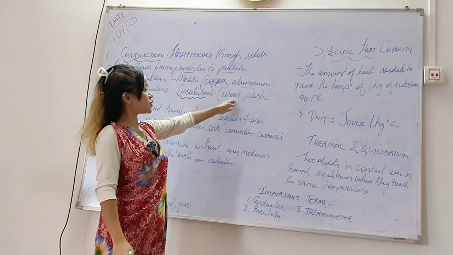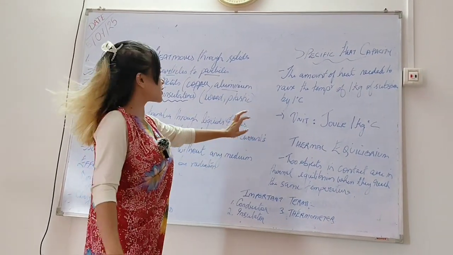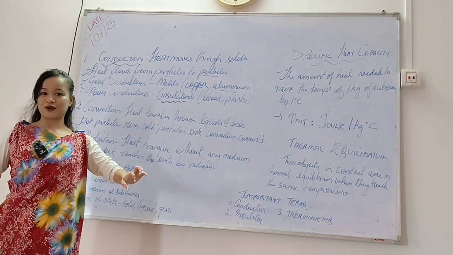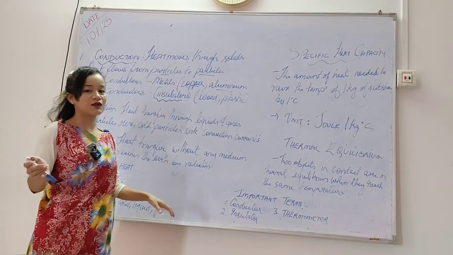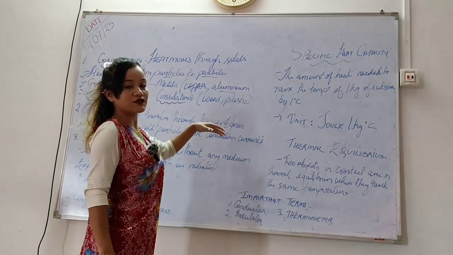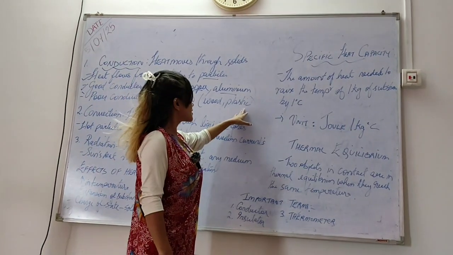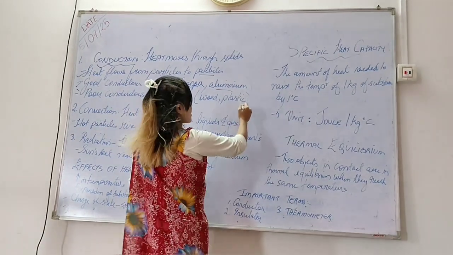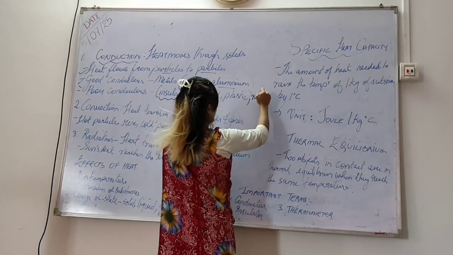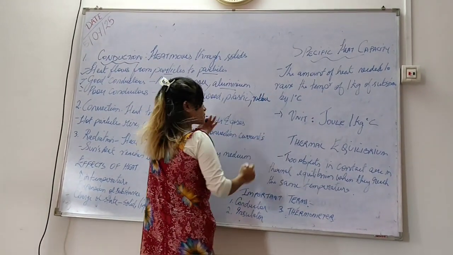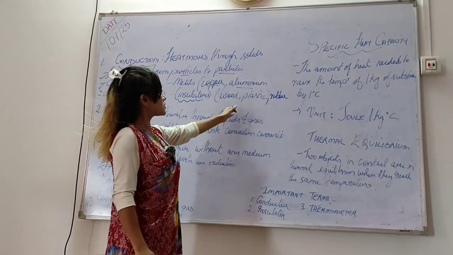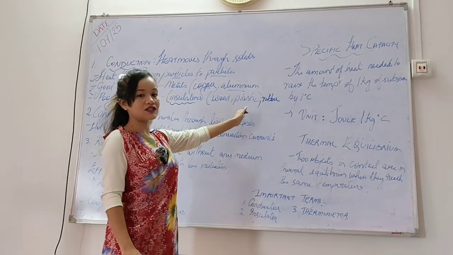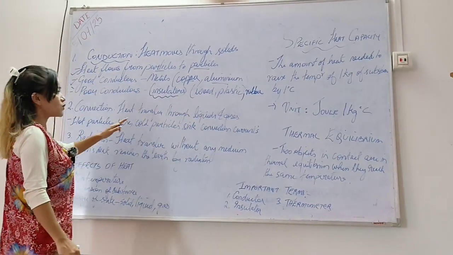We'll see wood. Wood, for example, this one is made of wood, so the heat will be difficult to transfer. Then plastics, and also rubber. These are bad conductors of heat, which means that heat will not easily be transferred through these objects. Wood, plastic, and rubber.